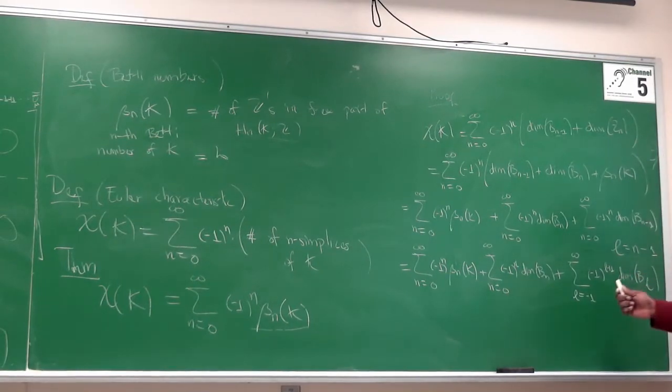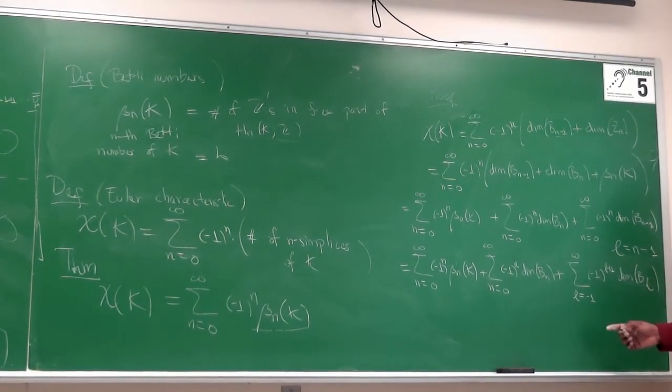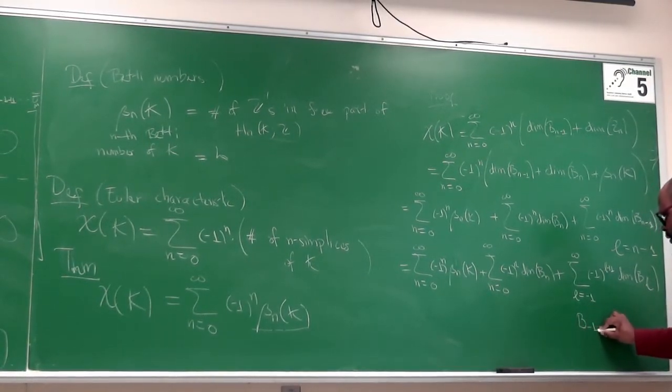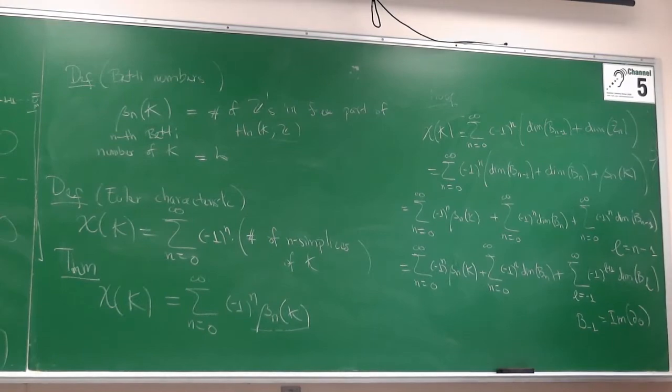But now let's think for a moment about what this guy here is. When L is equal to minus 1, what do I get here? I get B_{-1}, correct? What is B_{-1}? It is the image of delta 0, and that is 0. It's the last differential that we have.